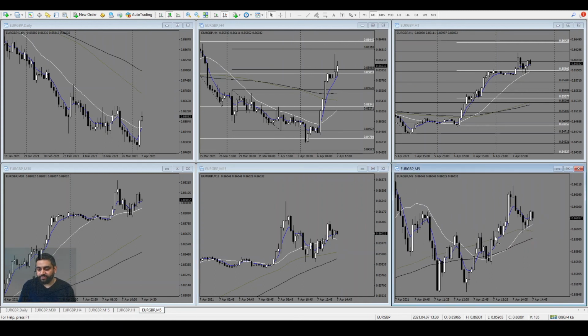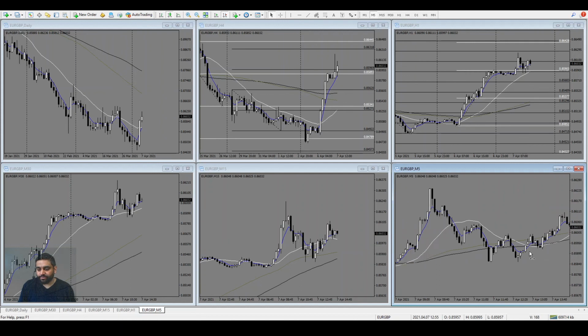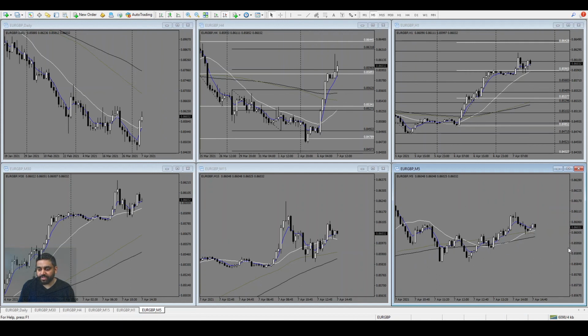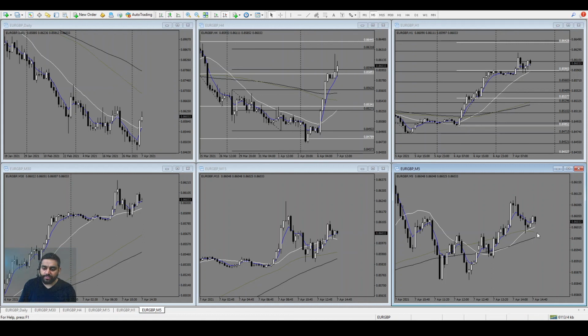On M5, we've got a similar scenario. Again, rangy behavior, but I think the price is so close to the MAs right now, it could potentially lock down of the MAs. I think once M5 clears the way and locks down, then that could be a decision point to start taking sells.